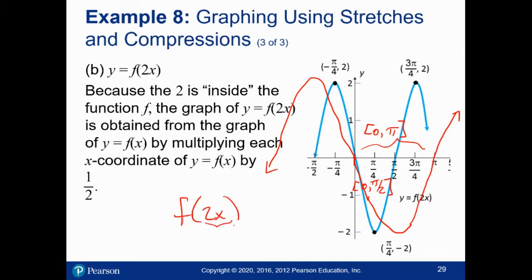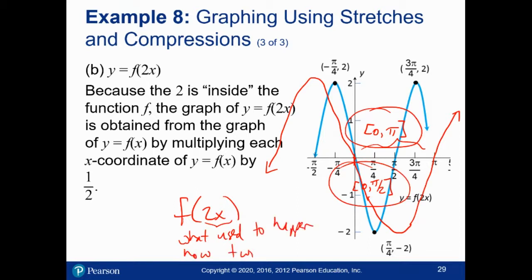Because I'm multiplying the input by 2, whatever happened is going to happen twice as fast. So whatever used to take this long now only takes this long. Okay, so what used to happen still does, it now happens twice as fast. And that's a horizontal compression.